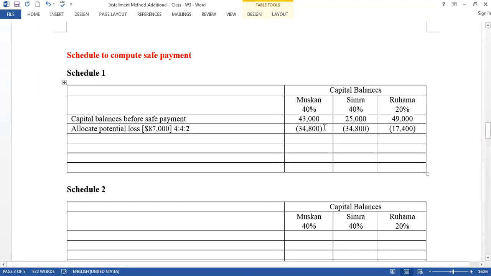So after absorbing this potential loss, look, this is potential, not the actual loss. We just assumed it. So their balances are now 8,200, then 9,800, and 31,600.